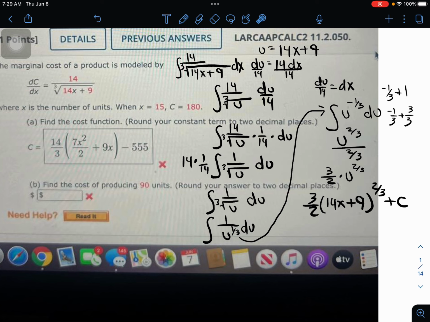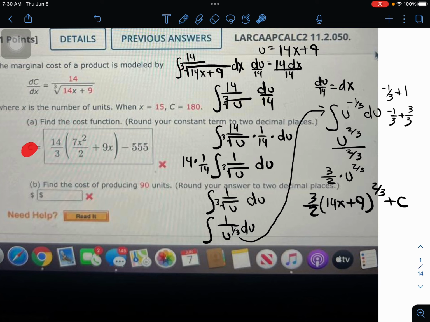It's just some constant that we do not yet know. And this is going to equal, because remember what we're finding, the cost function. It's crazy that they actually put a c here, but these are not the same c's. Don't confuse that. It's a really bad problem how they have named their integrals.